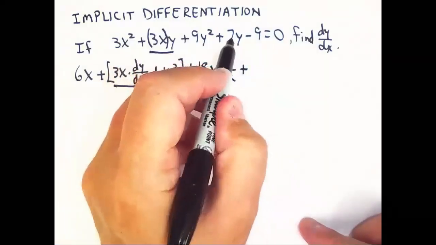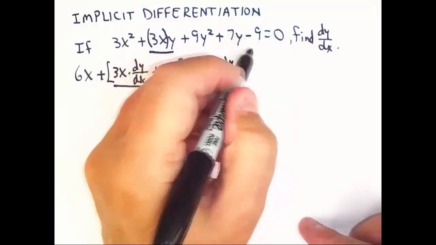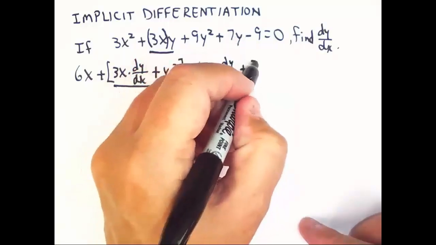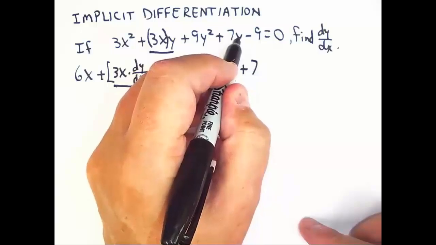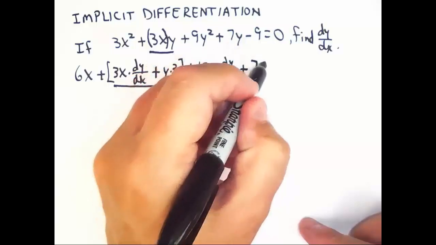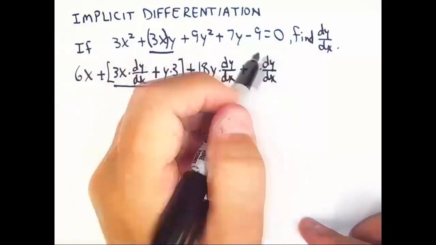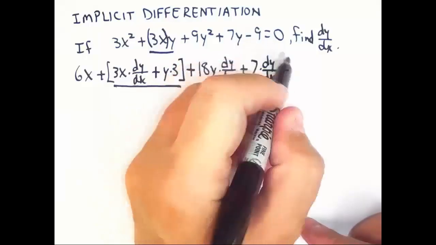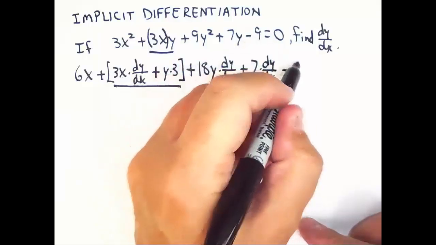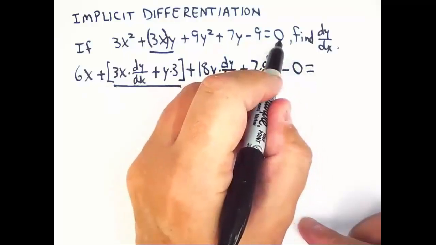Moving along, y is a function of x, so the derivative of 7y is 7, but by the chain rule you have to go back in and take the derivative of the base, which would be the derivative of y is dy over dx. Then you've got the derivative of negative 9, or minus the derivative of 9, however you want to look at it. The derivative of 9 is 0. And then on the other side, the derivative of 0 is 0.